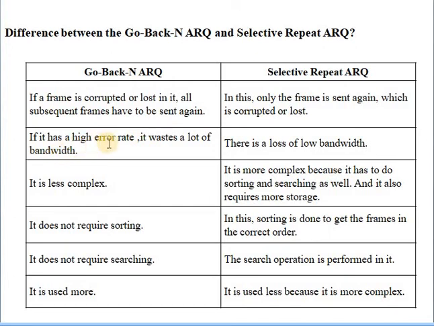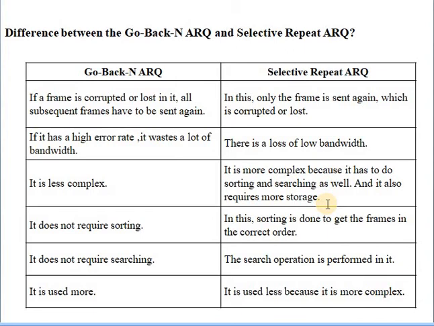In Go Back N, if there is a high error rate, it wastes a lot of bandwidth. In selective repeat, there is no such loss of bandwidth. Go Back N is less complex, while selective repeat is more complex because it has to do sorting and searching as well, and it also requires more storage because it stores all frames.